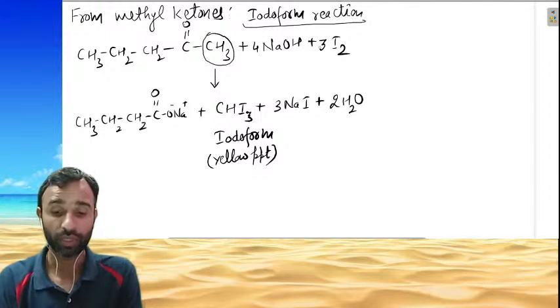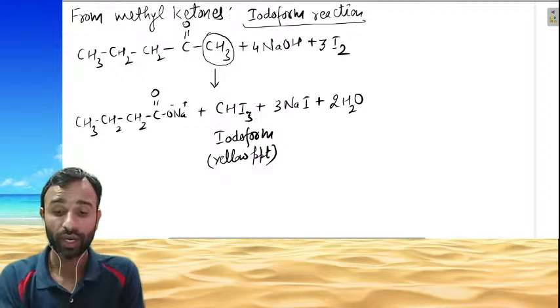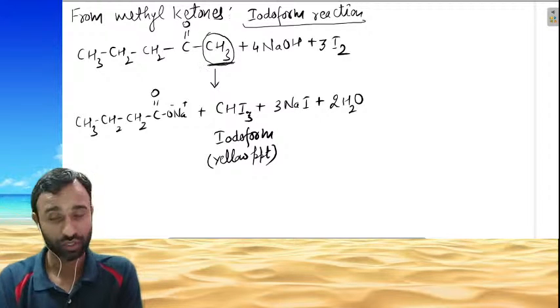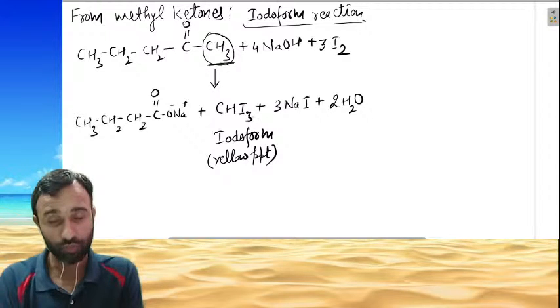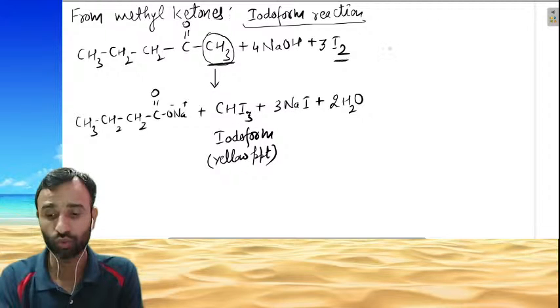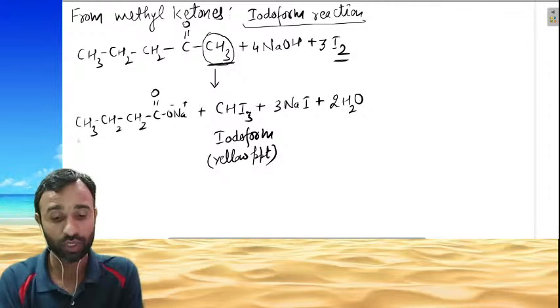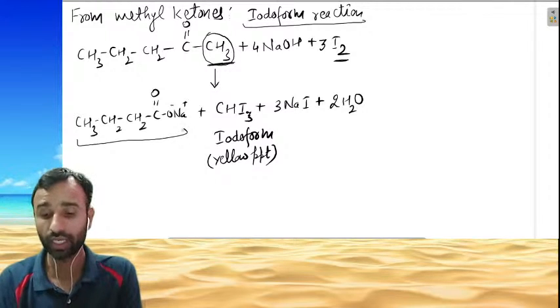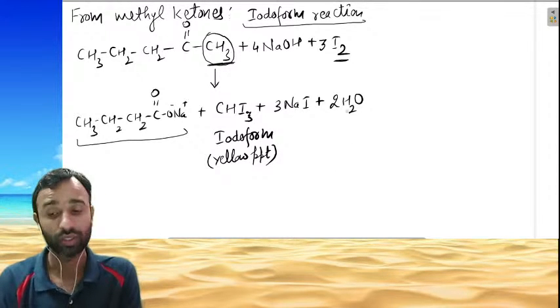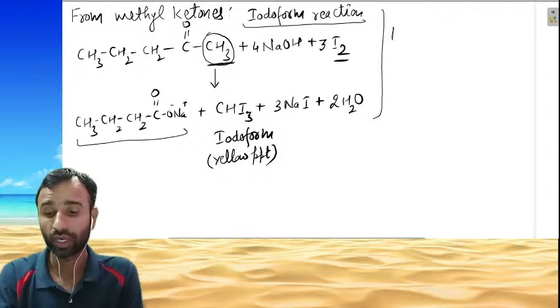Okay, so from methyl ketones, when the methyl group attached is converted into iodoform, or any, if it is X NaX2, then haloform along with sodium salt of carboxylic acid and sodium halide and H2O. Okay, what happened?